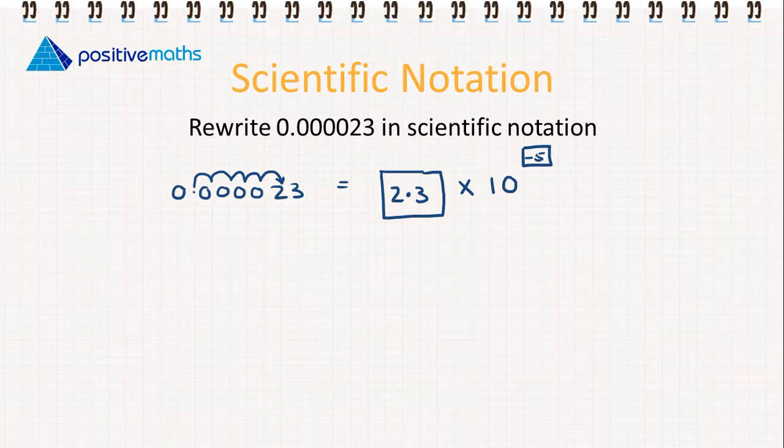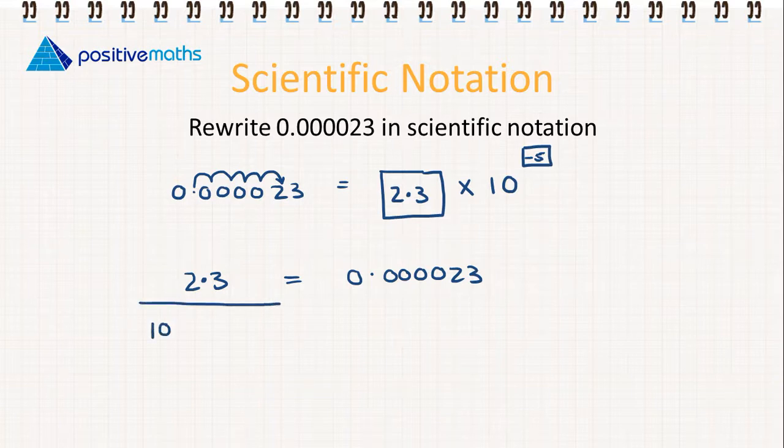So let's just understand why it's minus 5 and not plus 5. If we take 2.3, in order to get back to 0.000023, what we're actually doing is dividing 2.3 by 100,000.